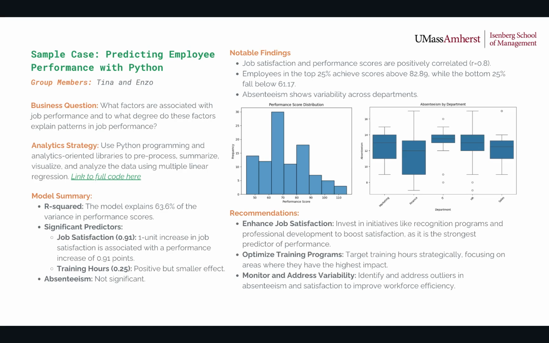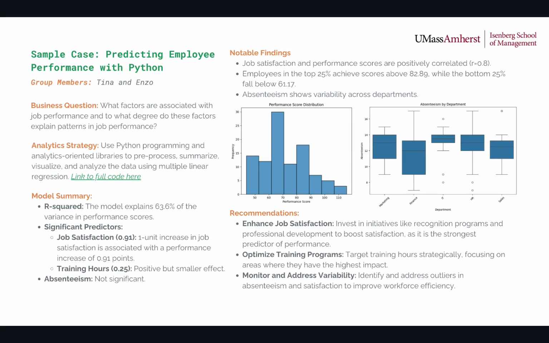You can see the key areas of business question, analytic strategy, model summary, notable findings, and recommendations. So for this particular project, which involved a statistical analysis and modeling, these sections are appropriate, right? So we go from the business question into some technical aspects, then we move to the findings and recommendations.